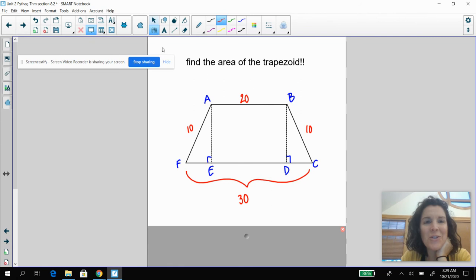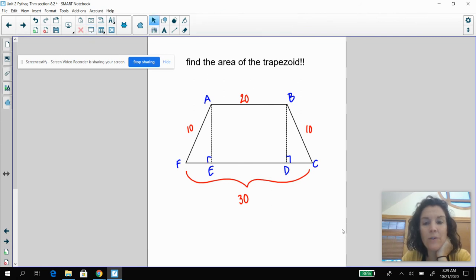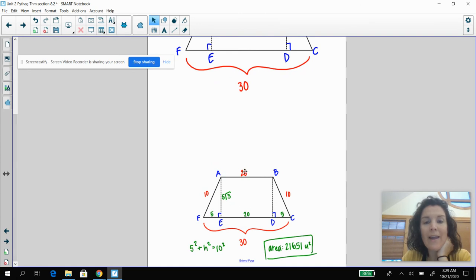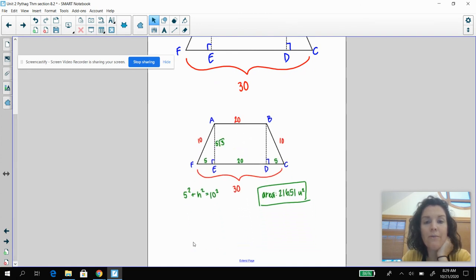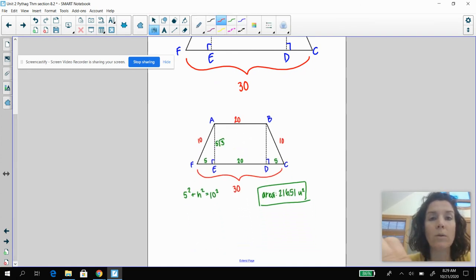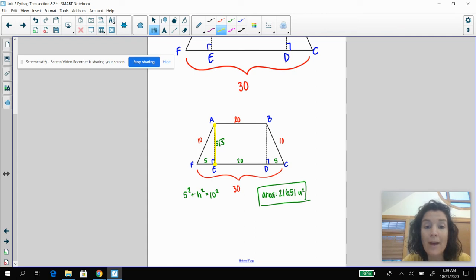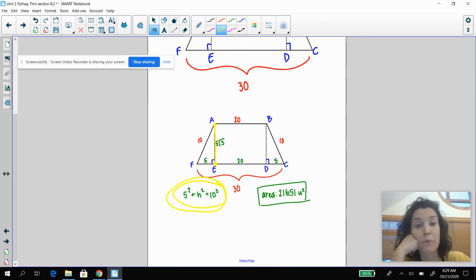Okay, we're back. So hopefully you figured out that you could find the area a couple ways. So the first way is, no matter what, you have to find this height, right? The altitude, essentially. And so the way you do that is you do 5 squared plus the height squared equals 10 squared. And you wind up getting that your height is 5 root 3.